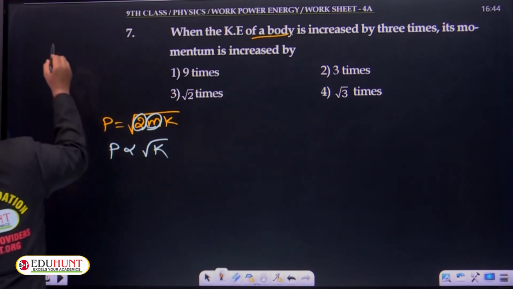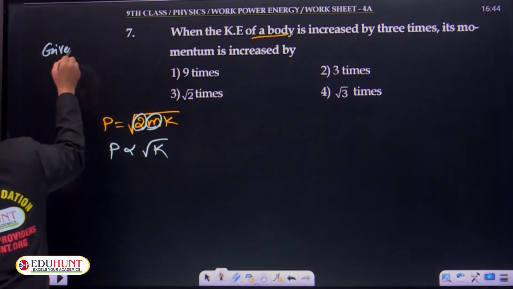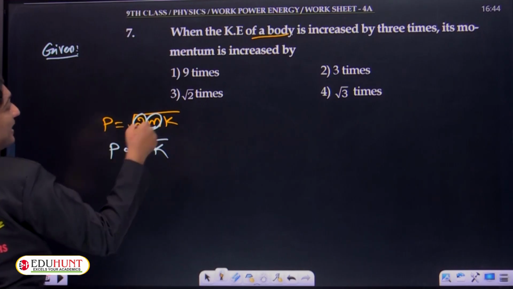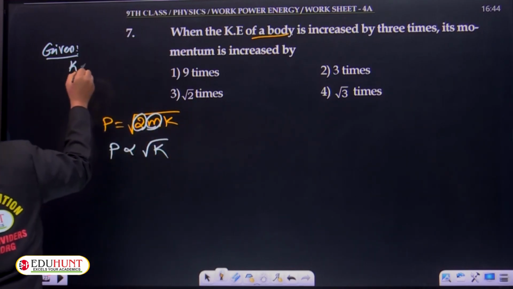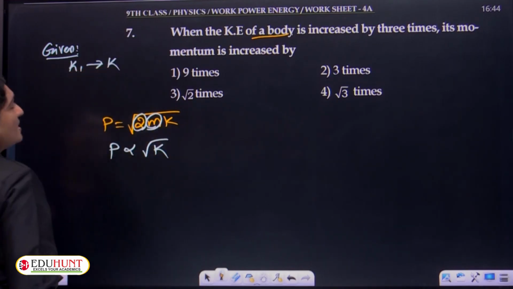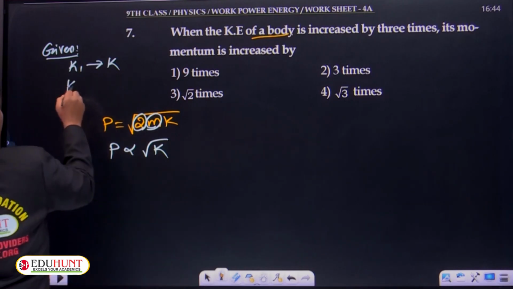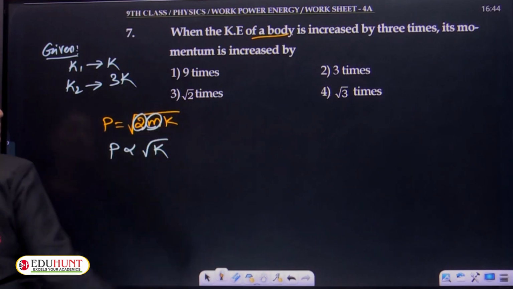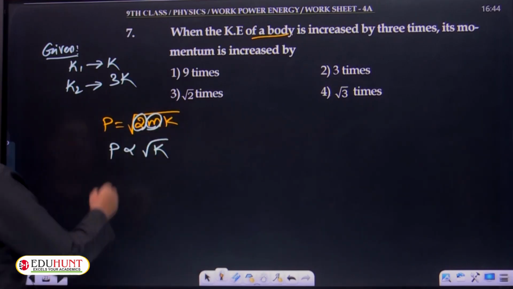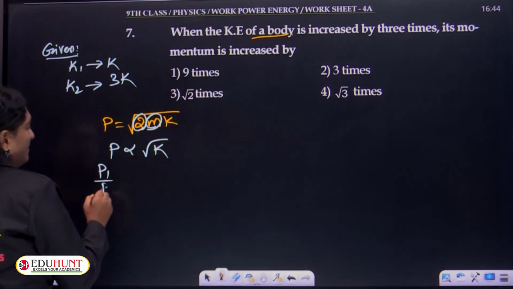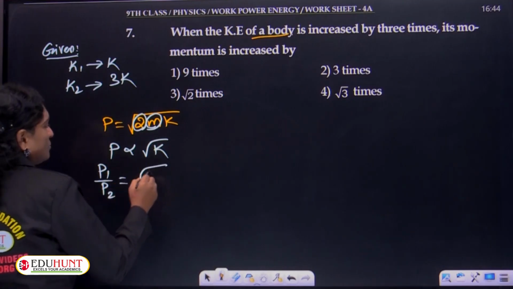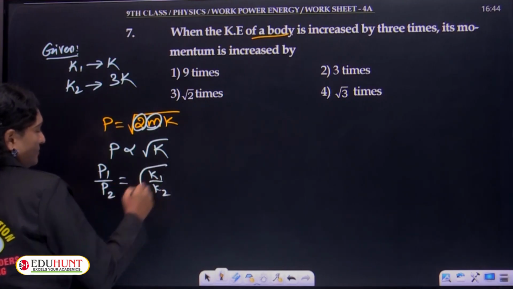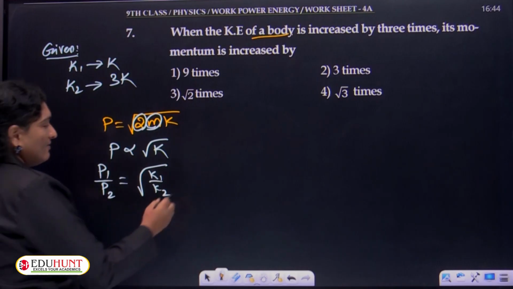Given the condition, the kinetic energy of a body is increased by 3 times. Let us suppose the initial kinetic energy as K. Then the final kinetic energy will be 3 times the old one, that is 3K. So comparing the two, we have P1 by P2 is equal to root over K1 by K2.